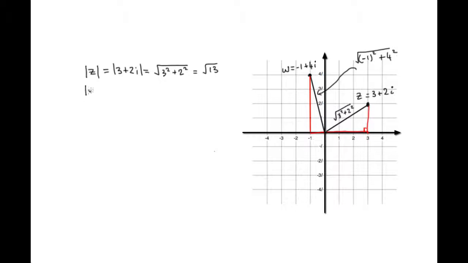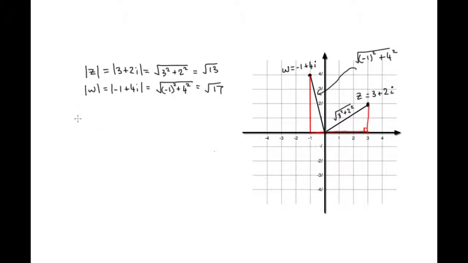And in the case of the complex number w, which is negative 1 plus 4i, it would be the square root of, and we're going to use the negative 1 and square it, plus 4 squared, and that would be the square root of 17.